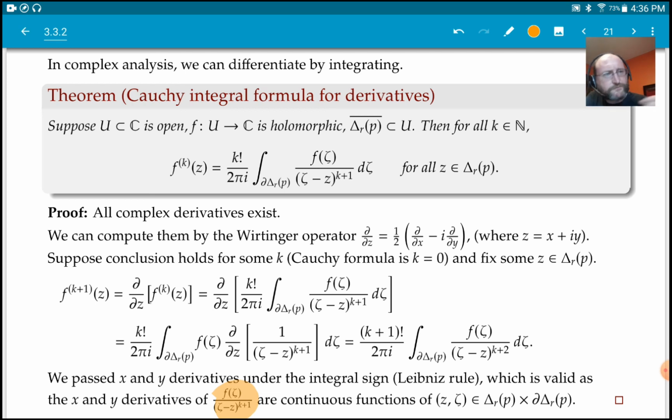And so that's good enough to apply the Leibniz rule. It's really because the f of zeta doesn't really matter here. It's really this guy, and that's a really nice guy in terms of x and y, automatically.